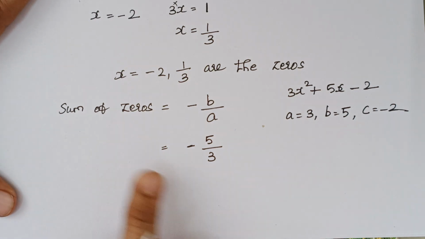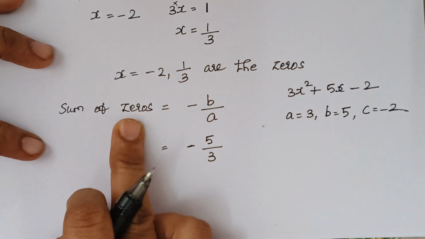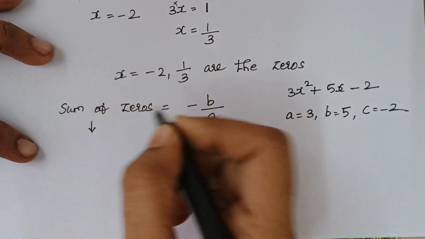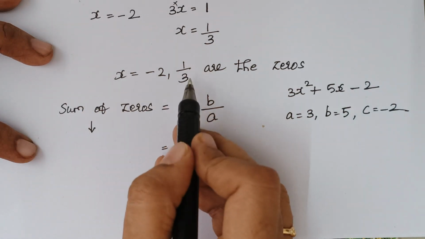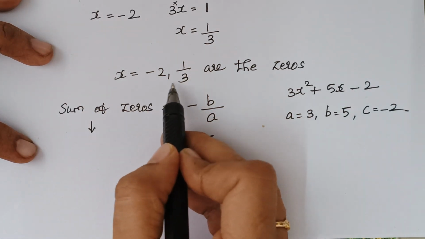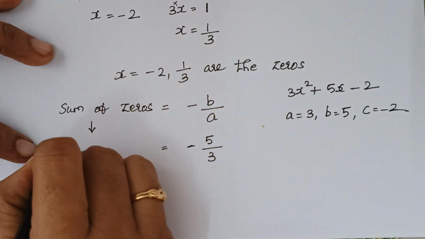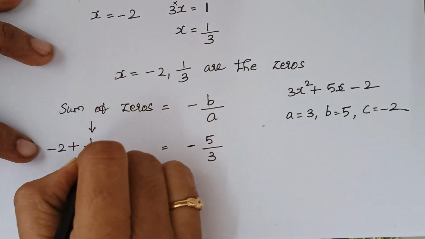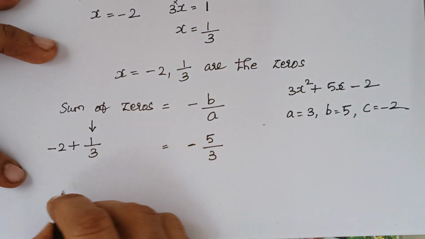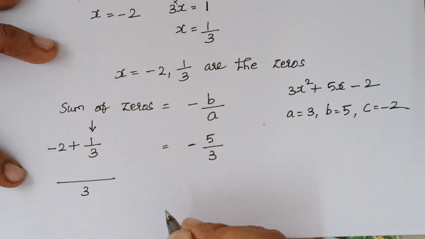Now let us check the sum of zeros. So what is the sum of zeros here? We are having minus 2 and 1 by 3 as the values. You have to add these two values. That is minus 2 plus 1 by 3. When you take LCM, 3 will be the denominator.